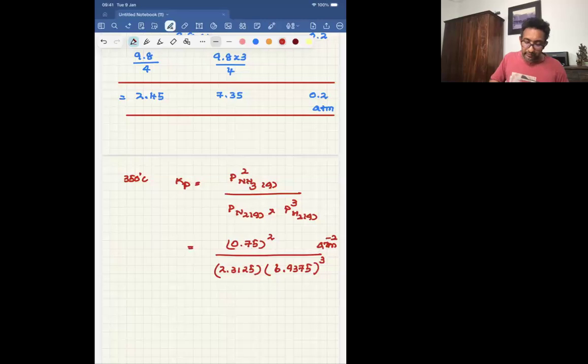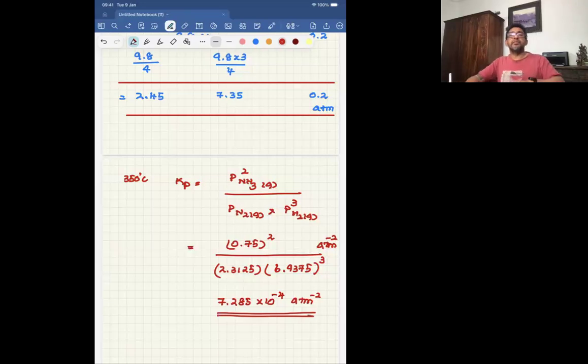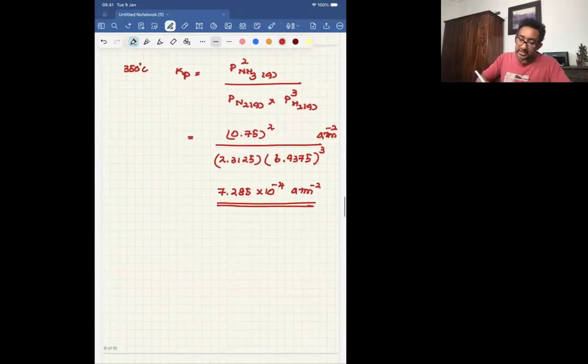That is 7.285 times 10 to the power minus 4 atm to the power minus 2. If you have done it, can you please confirm? What is your answer?